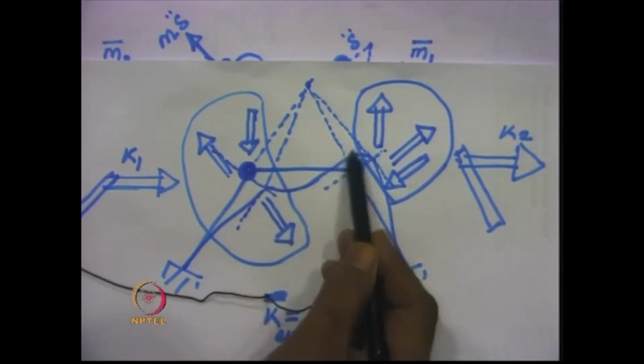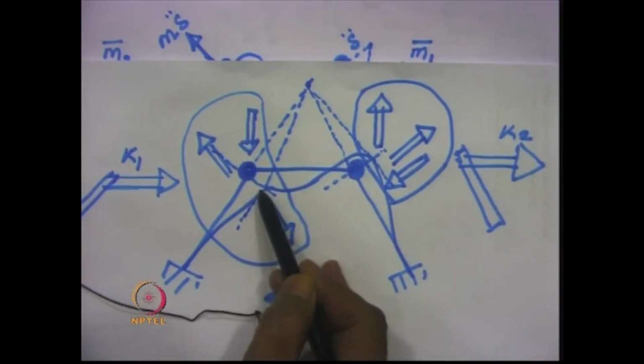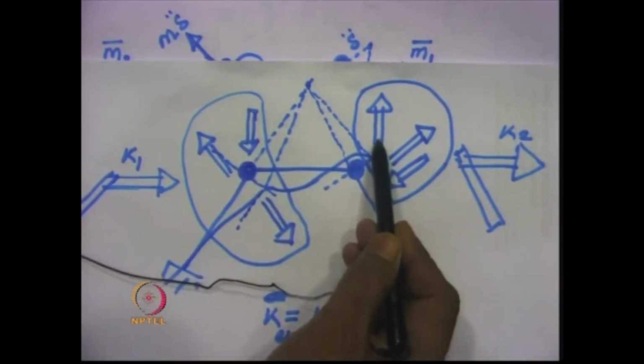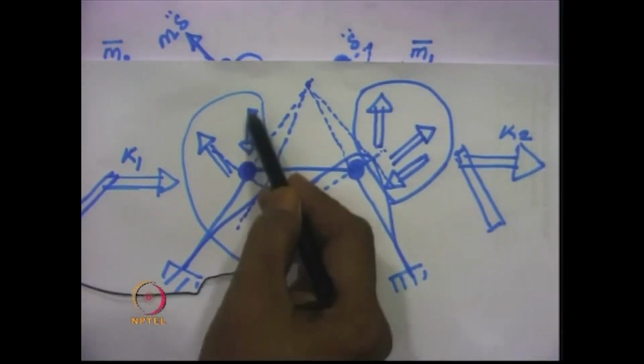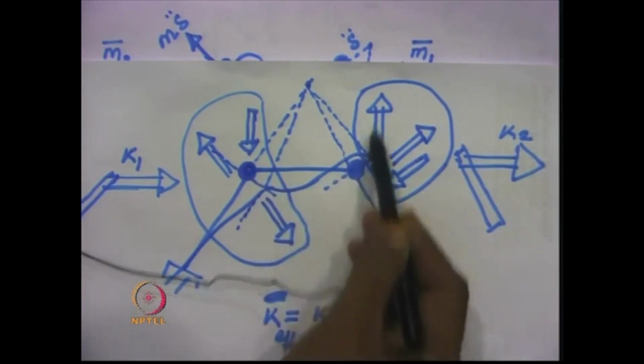Because of this rotation at these two points, there will again be a shear force acting in this direction and in this direction. So in the beam finally we will have a shear force acting in this way and in this way.